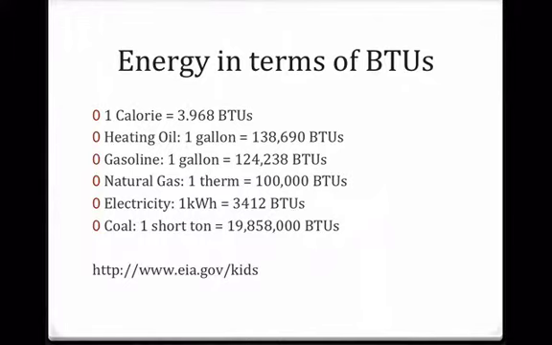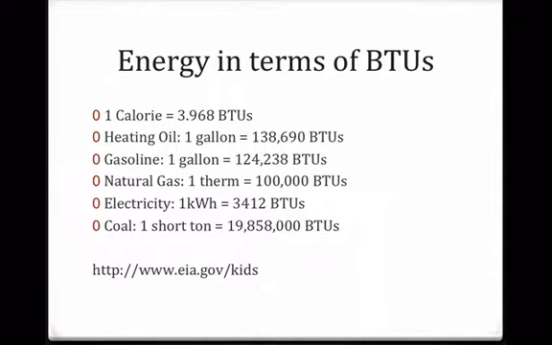So this is just converting everything into BTUs. These are all the equivalents for the other energy units that we talked about. And then, as I mentioned before, one calorie, the capital C Calorie, is the food energy calorie, if you recall. And you can see at the bottom of that list, one short ton of coal is equivalent to almost 20 million BTUs.